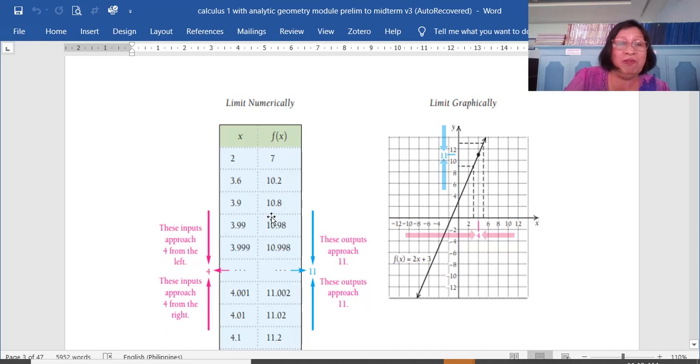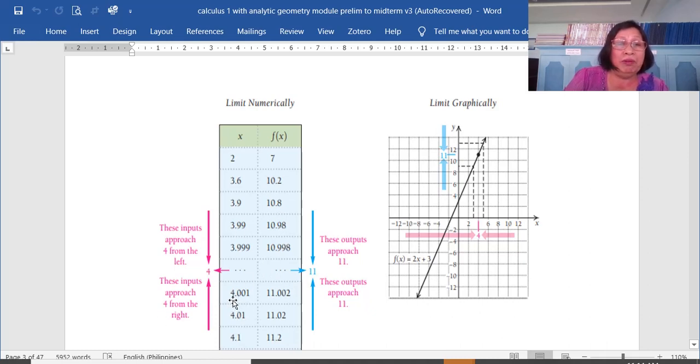So f of x is equal to 2 times 3.9 plus 3, which will give you 10.8. As with steps 1, 2, and 3, when you set values of x closer to 4, you will yield the values 10.98 and 10.99.